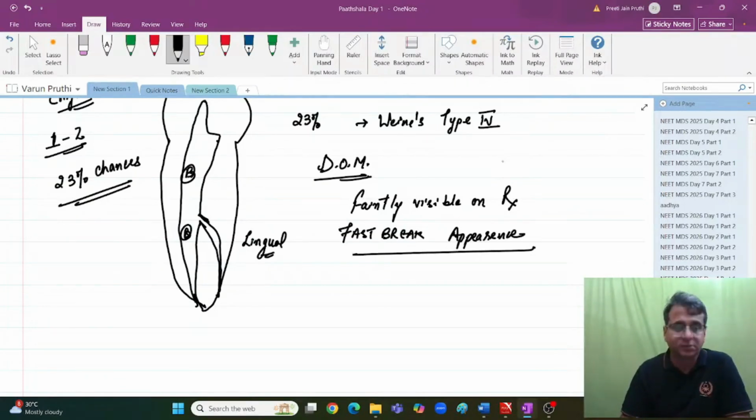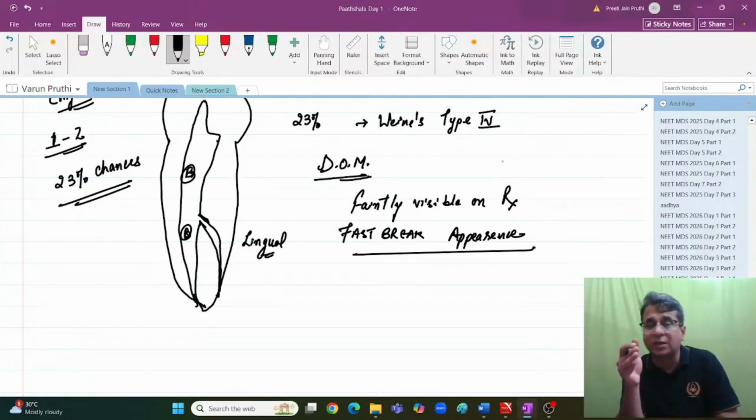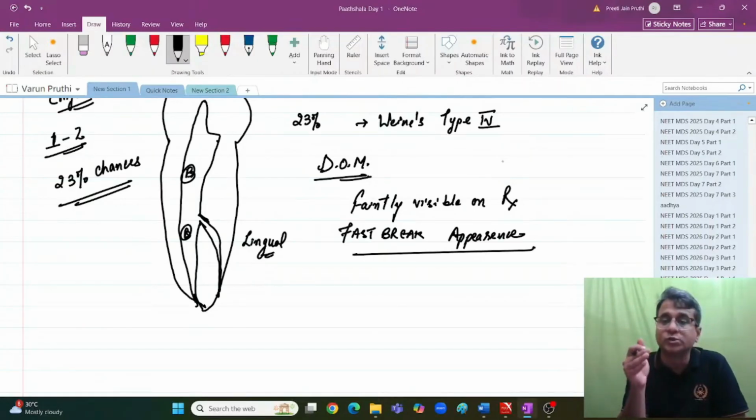The points I am telling you, MCQs are there on each and every point. Remember, I am not going to mention that an MCQ has come on this or that. All things are important, whichever I am teaching here at present.